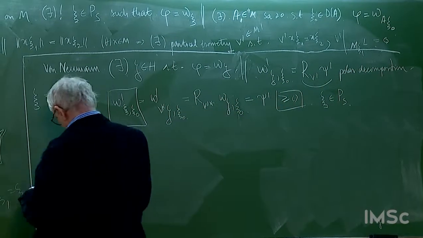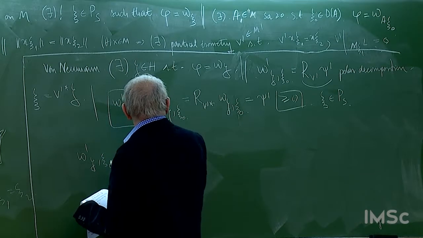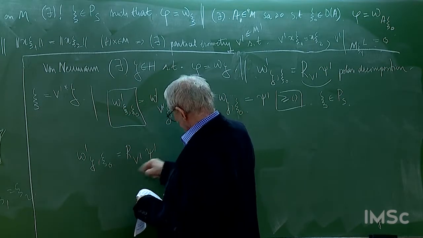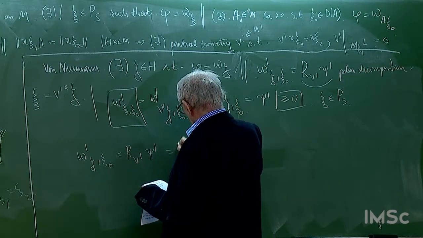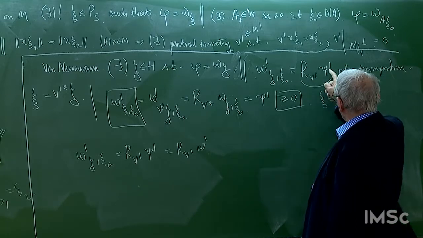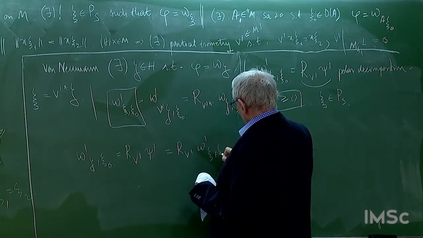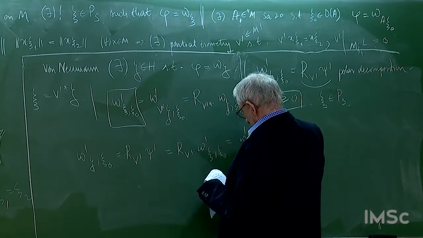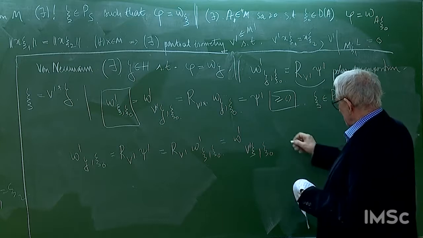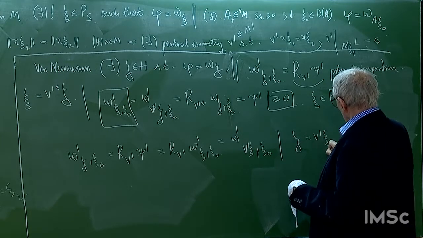And then what we see is omega prime zeta psi 0 is equal to R V prime of psi prime. That's the polar decomposition as there. It's equal to R V prime omega prime. This one is equal to psi prime. So I replace this by this. Omega prime psi 0, which is omega prime V prime psi 0. The two things are equal, so it follows that zeta is V prime of xi.